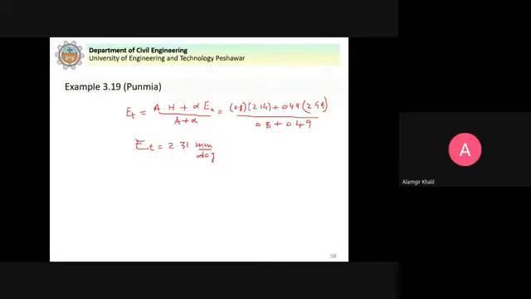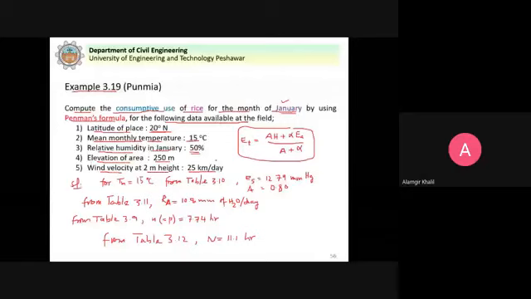Now in the question, it is asked that you compute the consumptive use for rice for the month of January.